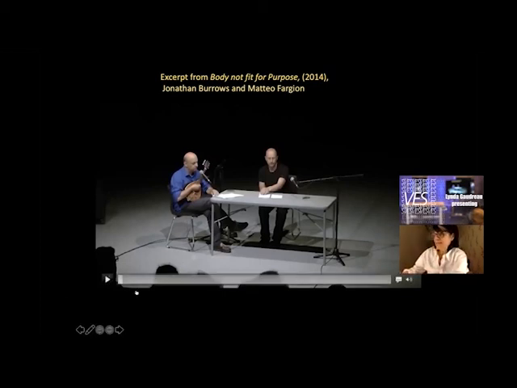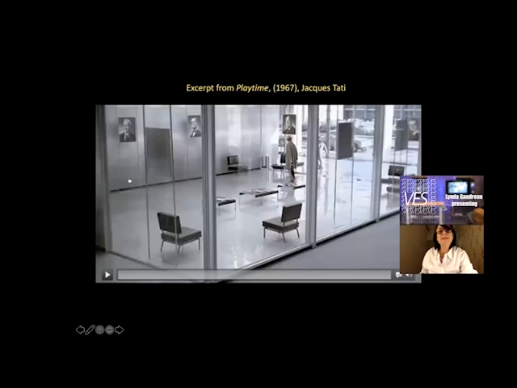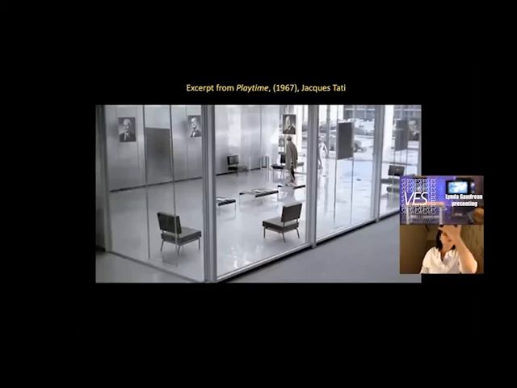We'll see the last excerpt now. It's from Playtime, the director Jacques Tati, French director. You might know, most of you, the work of Jacques Tati. This film is especially a chef-d'oeuvre, a master work of his.